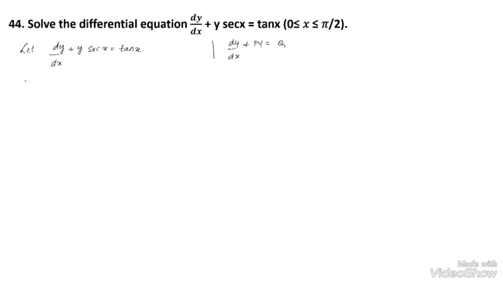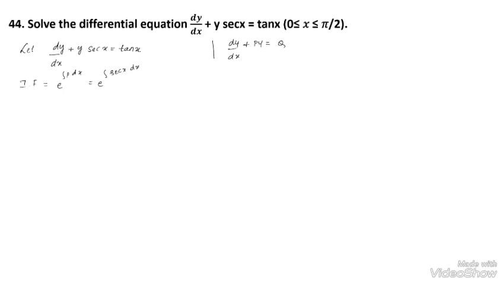Now we can find the integrating factor, that is e to the power of integral of p dx. What is the p here? p is sec x, so integral of sec x dx. What is the integration of sec x?